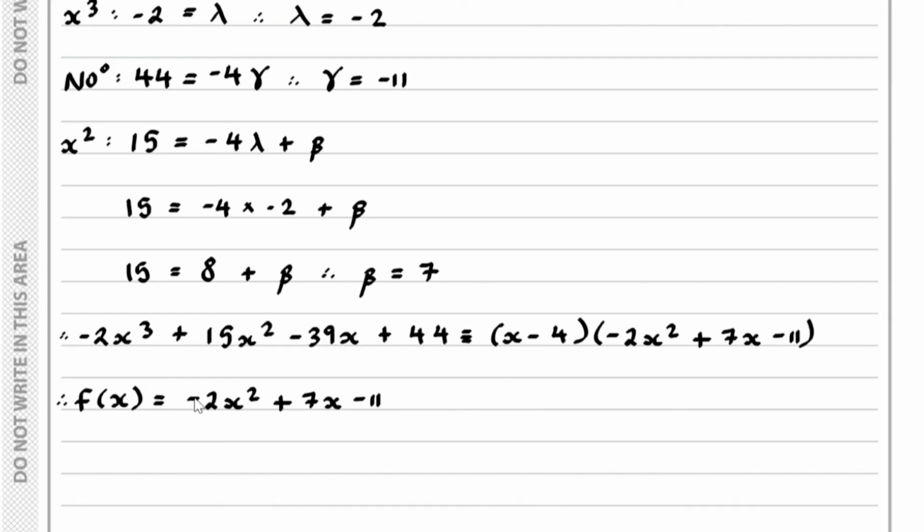So f of x is equal to minus 2x squared plus 7x minus 11 multiplied by x minus 4.